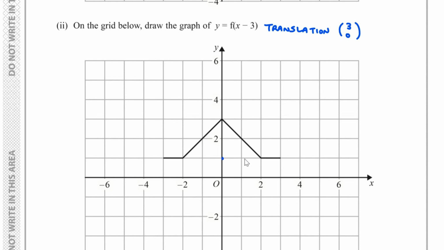So it starts off here, goes here, then it goes up like this, goes down like this, and then goes across like this. Here we've got y equals f of x minus 3.